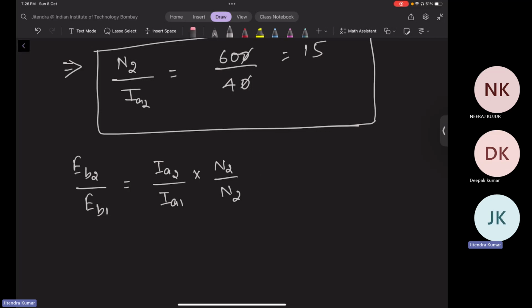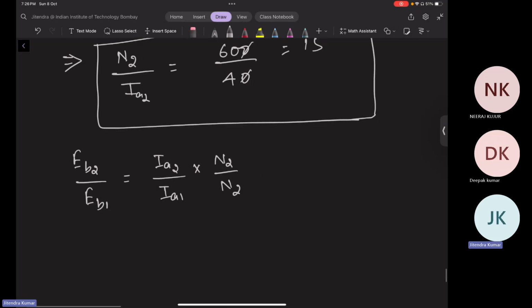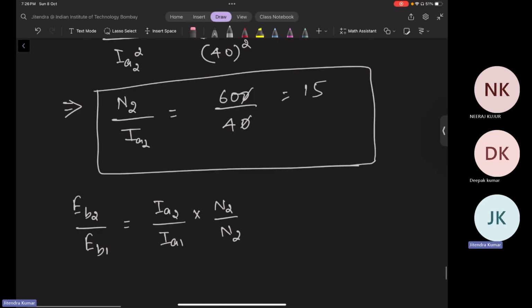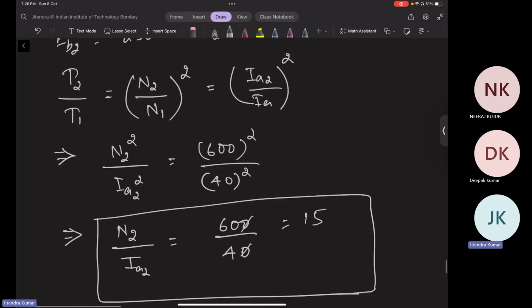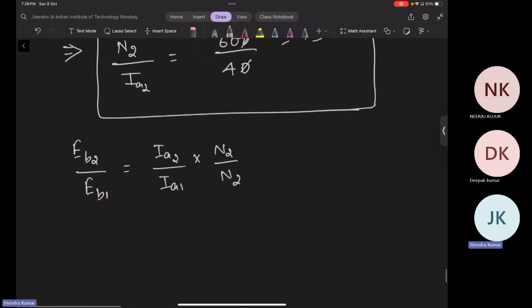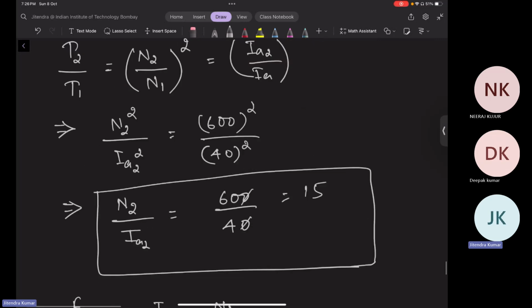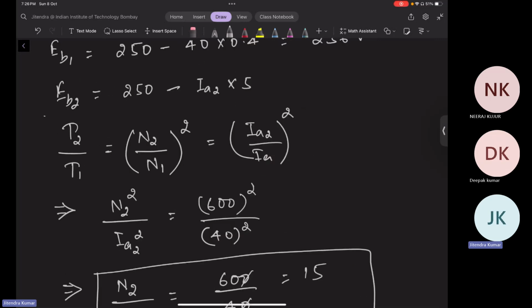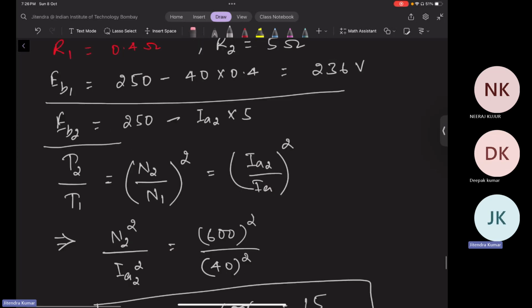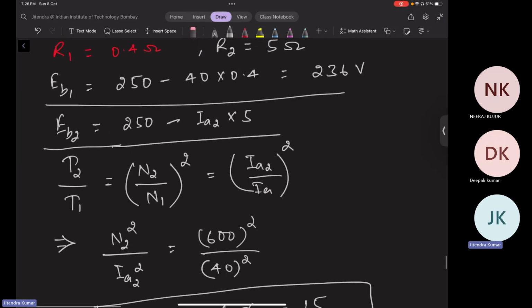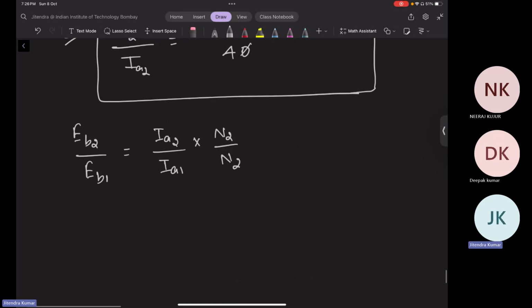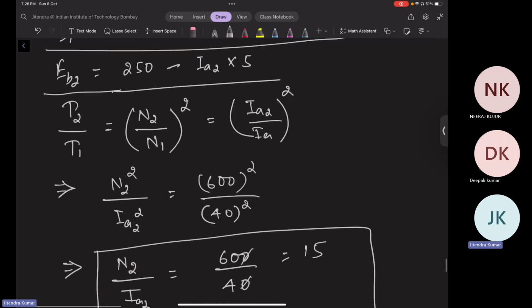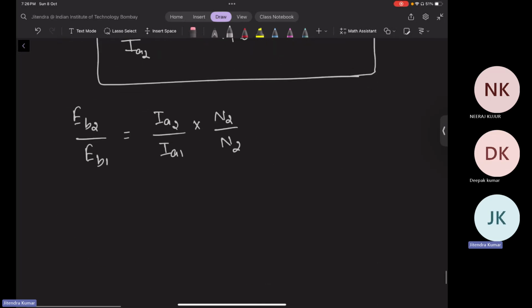I hope it does not create any problem or confusion. We have already found EB1 is 236, and EB2 is 250 minus 5 Ia2.